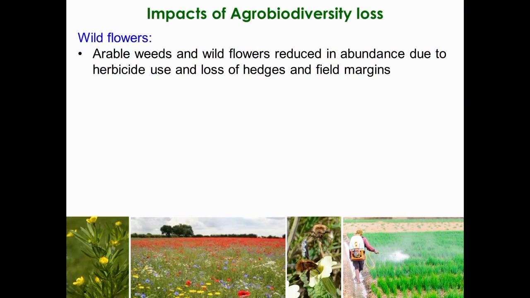So wildflower populations, arable weeds and wildflowers, have been shown in a number of studies to be reduced in their abundance due to a combination of loss of these hedgerows and field margins, and due to increased use of herbicides. Obviously, farmers are using herbicides to control the weeds for their crops, but of course these herbicides are killing off many of these wild plants.